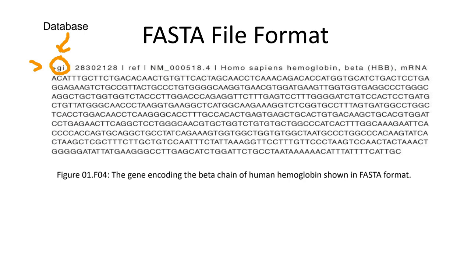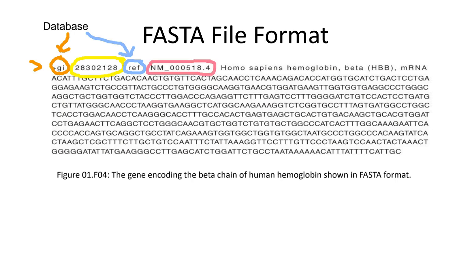So it's telling you in that database, what is the accession number that you could use to look for this. And then after that, we get this. Or you could also find it in this other database. Here's another database that contains this record. Here is the accession number in that database.